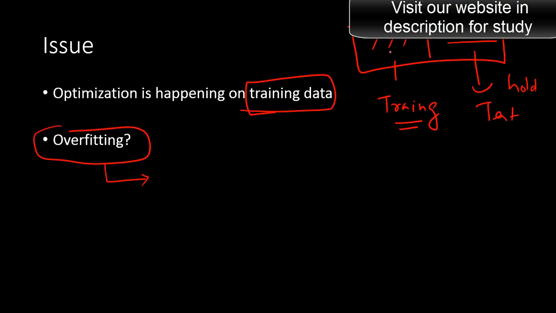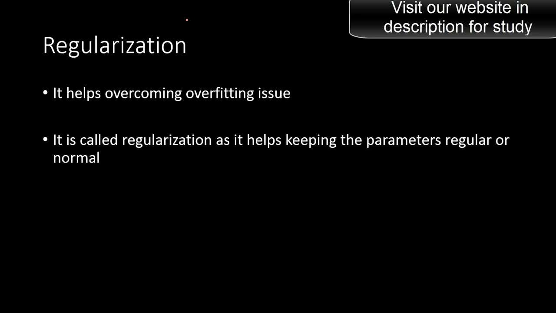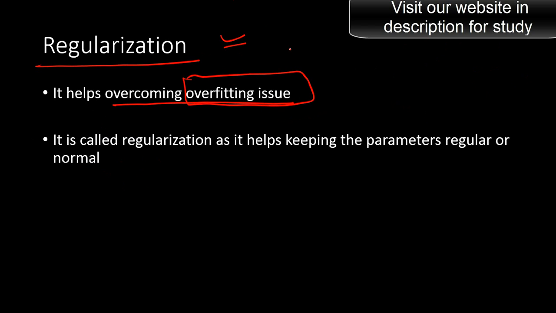So how do we ensure that even while we do the optimization, this is taken care of? This is taken care of by a technique known as regularization. Okay, so it helps overcome the overfitting issue. If there is an overfitting issue in your model, or there is a possibility of overfitting issues in the model, then with regularization one can overcome this issue to a large extent.